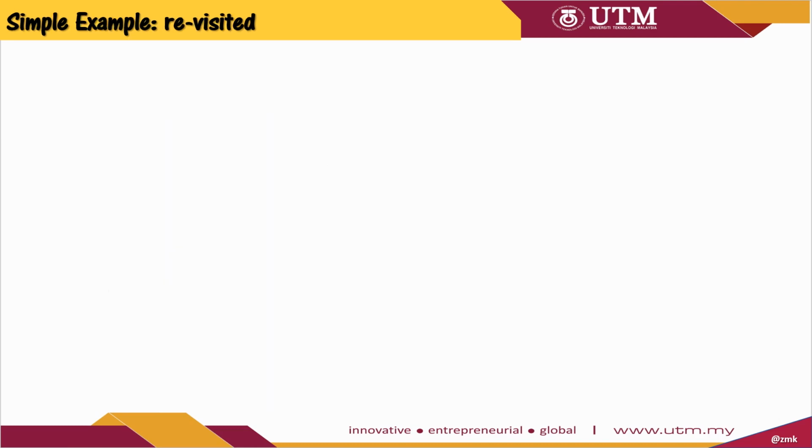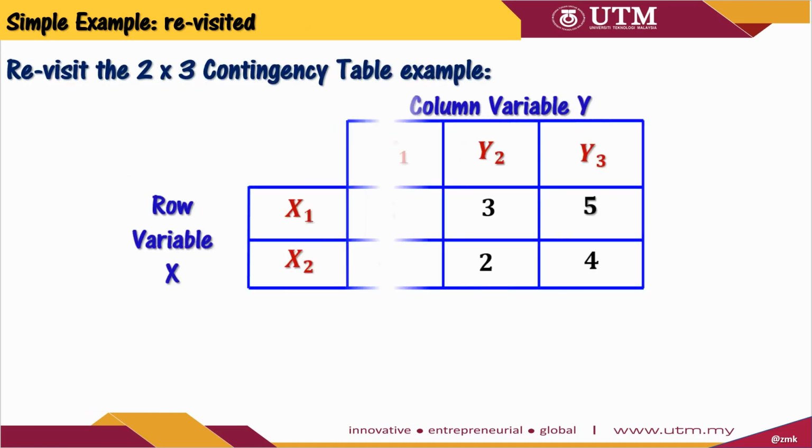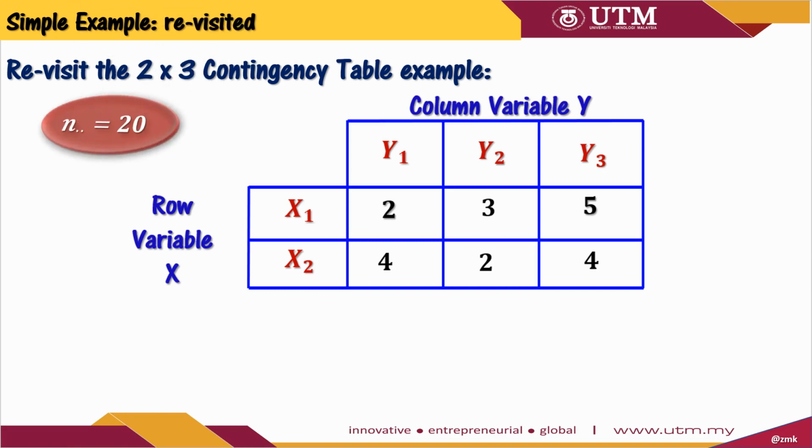As a motivation, let's revisit the simple example on the 2x3 contingency table that we had in part 3 video on independence test. In this simple example, we assume that all 20 subjects are selected randomly and can be in any of the 6 cells.